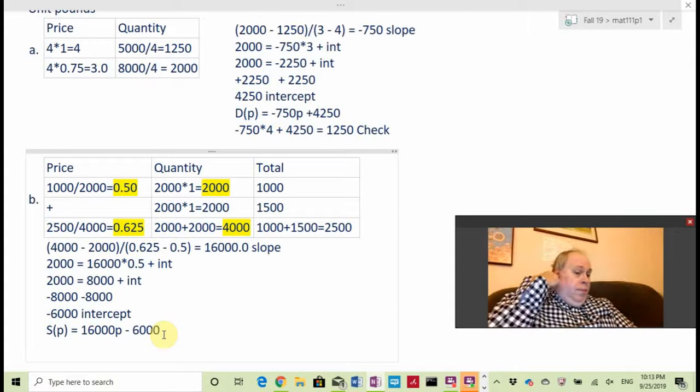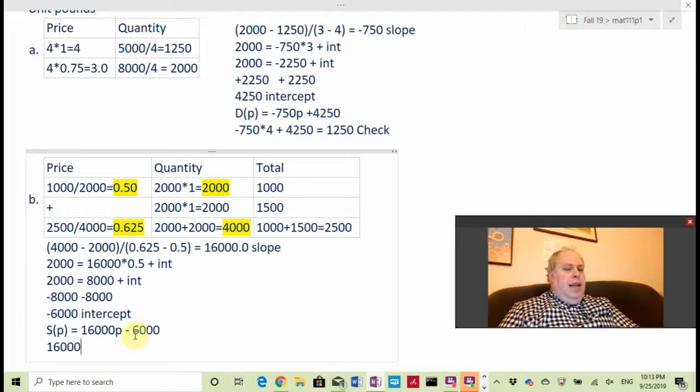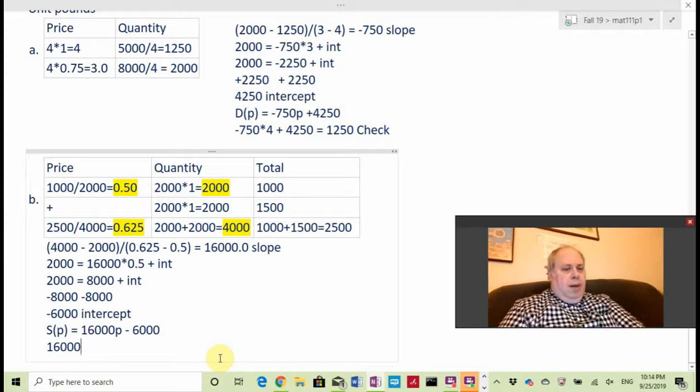Now, what we're going to do here is part C. Okay, we have our demand. Oh, first we're going to check, once again, before we do part C, we want to make sure we have good supply and demand functions. By the way, if you get this part wrong, everything else is going to be wrong. I don't have any great checks for this, but it's important to get this part right.